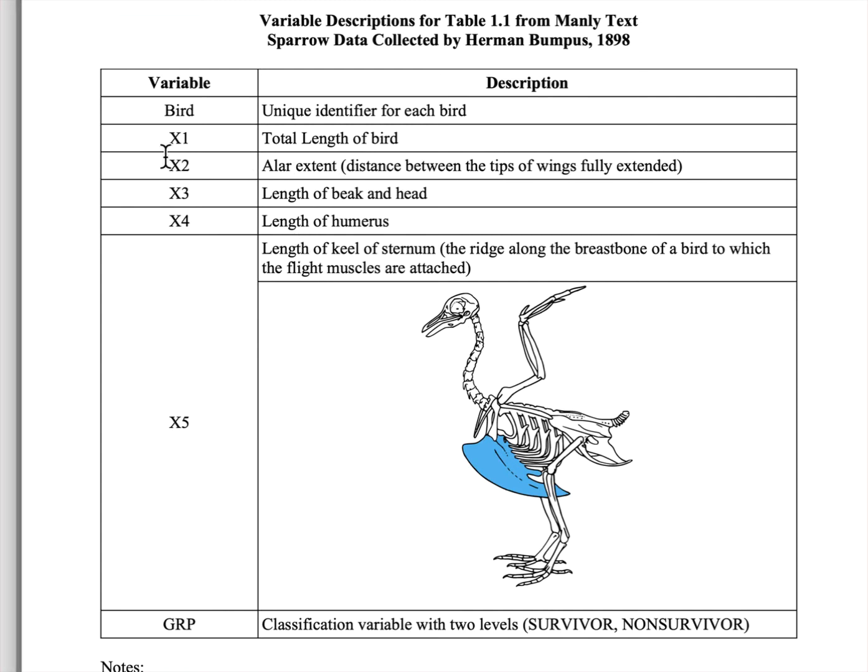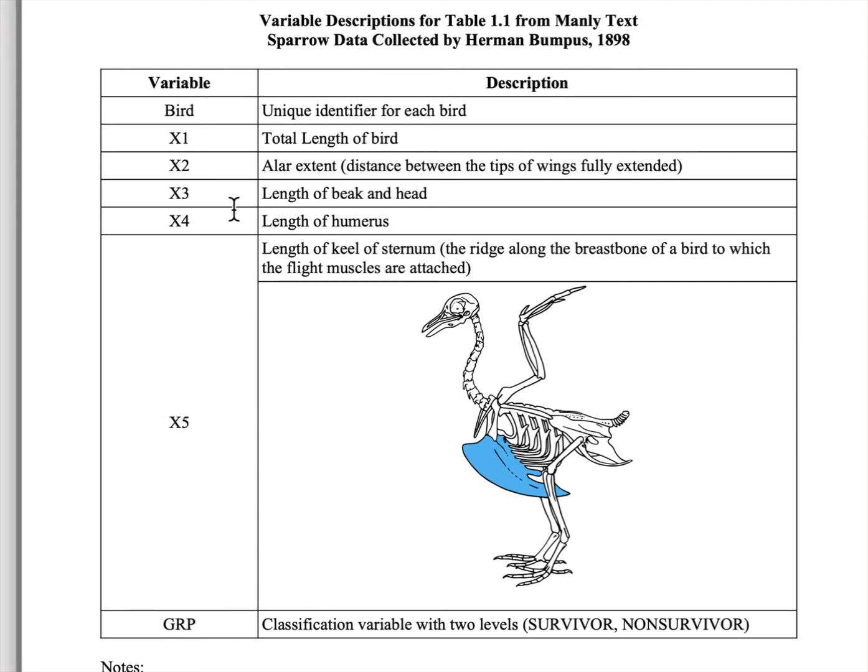And so we have these 5 response variables, x1 through x5. x1 is the total length of the bird. x2 is the alar extent, which is the distance between the tips of the wings fully extended. x3 is the length of the beak and head. x4 is the length of the humerus. And then x5 is the length of the keel of the sternum, which is shown here in blue. It's the ridge along the breastbone of a bird, and that's where the flight muscles are attached.